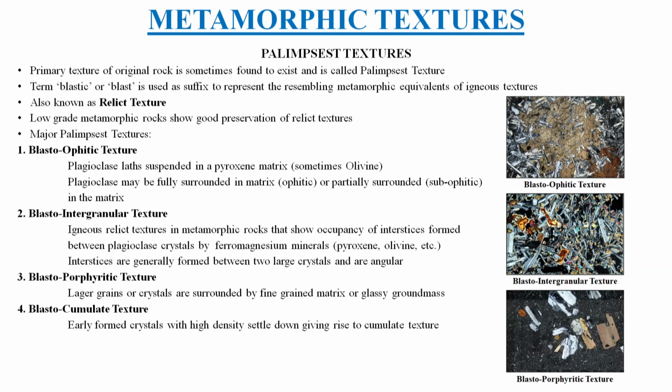Palimpsest textures are mainly found in low grade metamorphic rock, where you don't have a very high elevated temperature or pressure, but at about, for example, 200, maximum 250, at most 300 degrees centigrade, your metamorphic changes are going on.